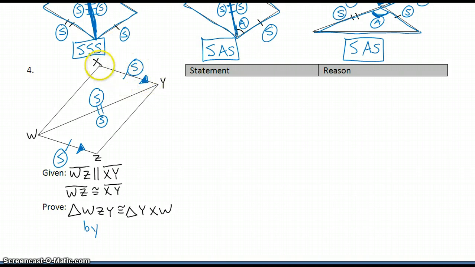Last chapter, when we had parallel lines, we knew about angles. If we look at this picture, XY is really a line, and WZ is really a line, and our transversal is WY.